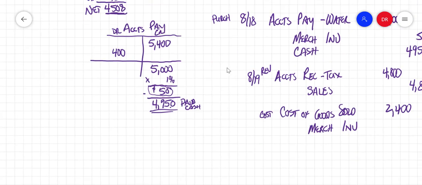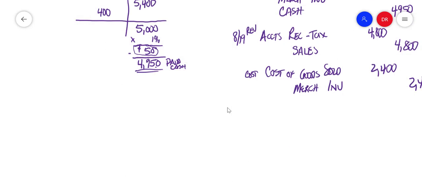So we go back down here, and on the 22nd, we're going to debit sales returns and allowances. And the debit here is going to be for $500, which is the retail amount of the sale.